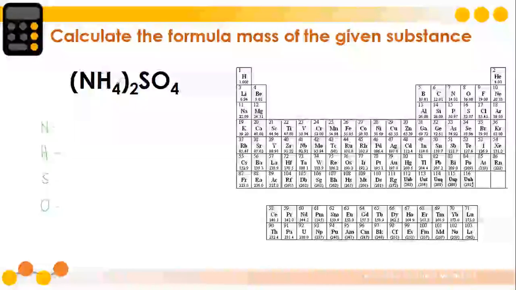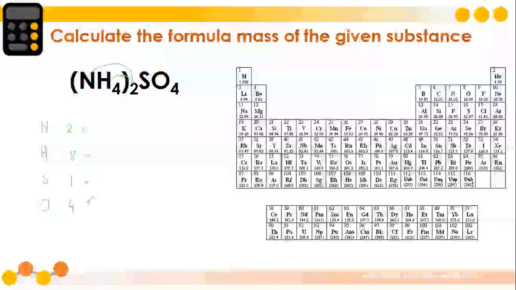We have here ammonium inside a parenthesis, so all you need to do is distribute this subscript outside. So nitrogen will now be 2, hydrogen will be 8 because you need to multiply 4 and 2, sulfur will be 1, and then oxygen will be 4.